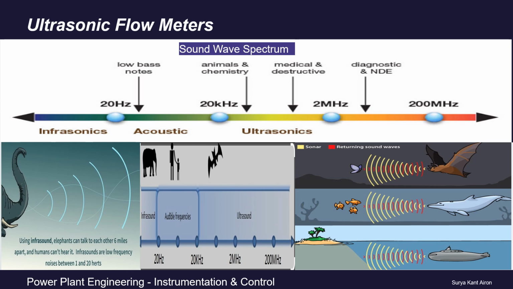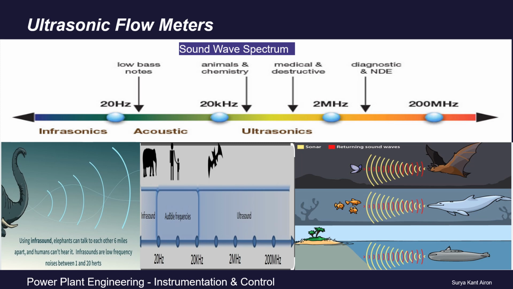Below these frequencies, that is less than 20 hertz, are called infrasound or infrasonic. Animals like elephants communicate with each other in this frequency range. Frequencies above 20 kilohertz are called ultrasound or ultrasonic. Although we humans cannot hear these frequencies, they play a significant role in medical and other scientific work.